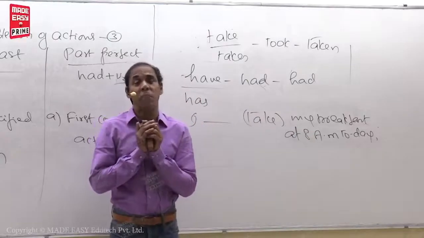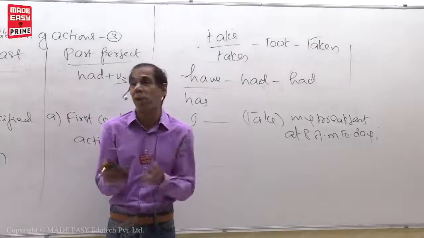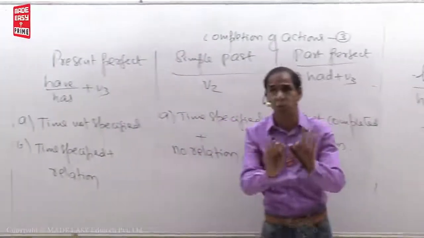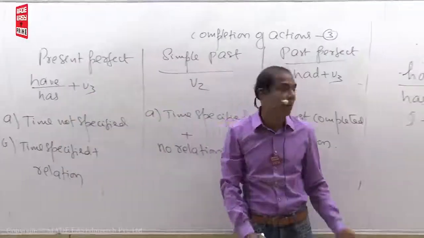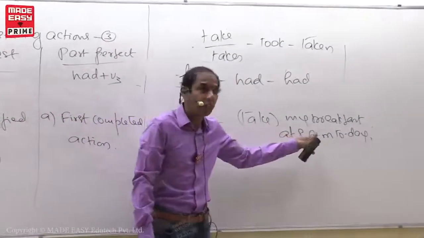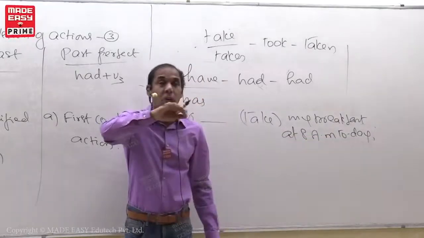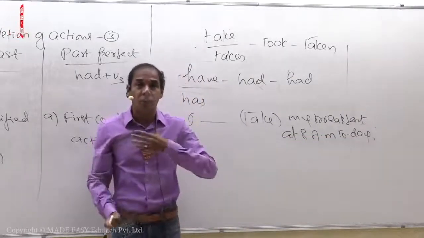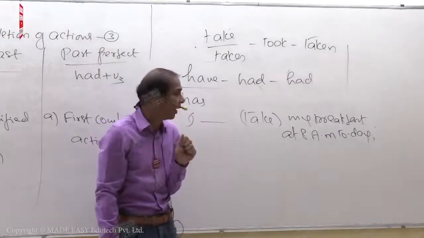When the action is completed, what I told you, first the time is specified or not specified. If the time is not specified, present perfect tense, no problem. But here in this sentence, time is specified. What I told you, when the time is specified, do we have a relation with the time or not? I told you to identify.